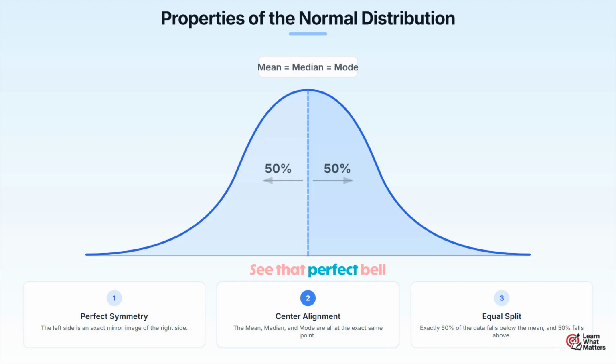See that perfect bell shape with the center line labeled mean equals median equals mode? And the 50% split on either side? Property 1, perfect symmetry. The left side is an exact mirror image of the right side. This means there's no skew, no bias. Data is perfectly balanced around the center. Property 2, center alignment. The mean, median, and mode are all at the exact same point.